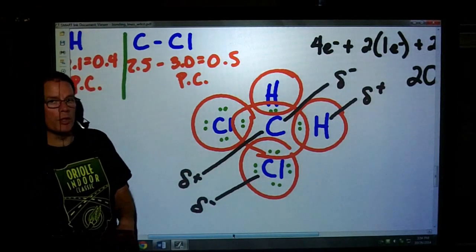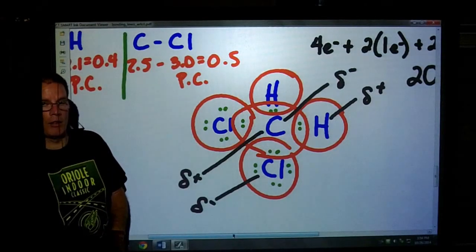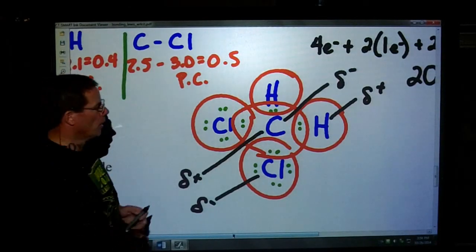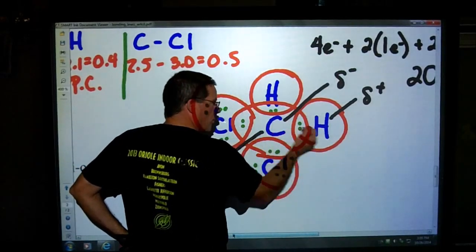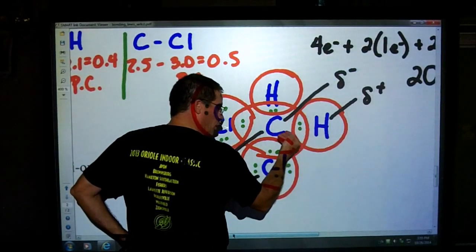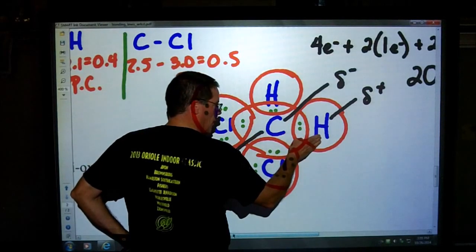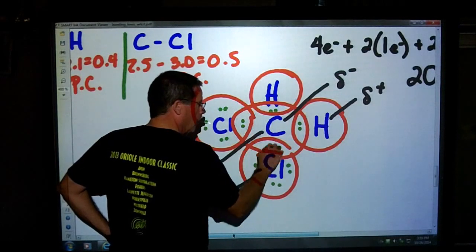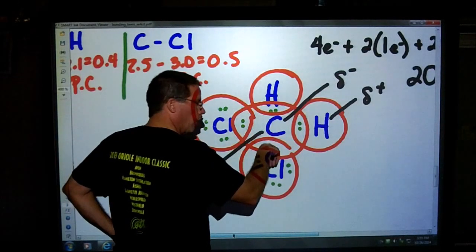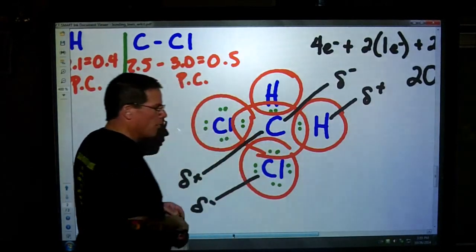What I don't want you to do is get upset by that fact. Because here's what's happening. The 2 electrons being shared between the carbon and the hydrogen are drawn a little bit closer to the carbon than the hydrogen. The 2 electrons being shared between the carbon and the chlorine are being shared a little more closely to the chlorine than the carbon.